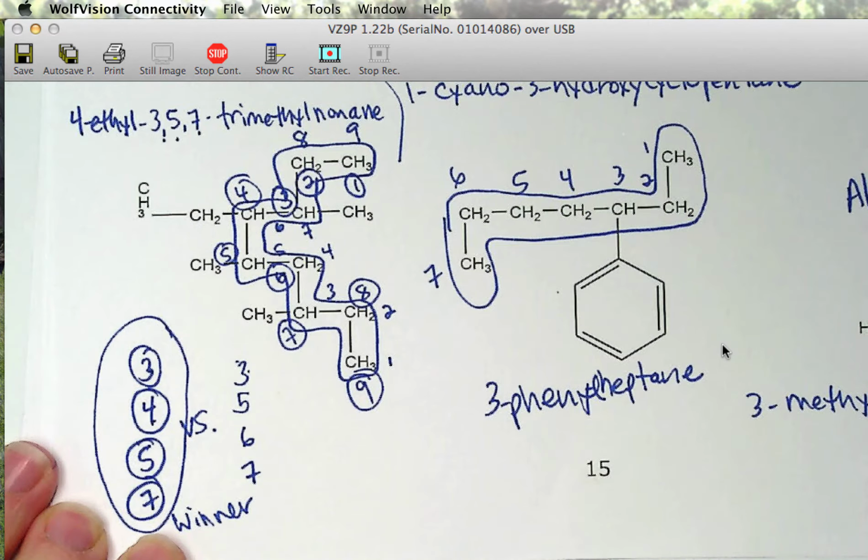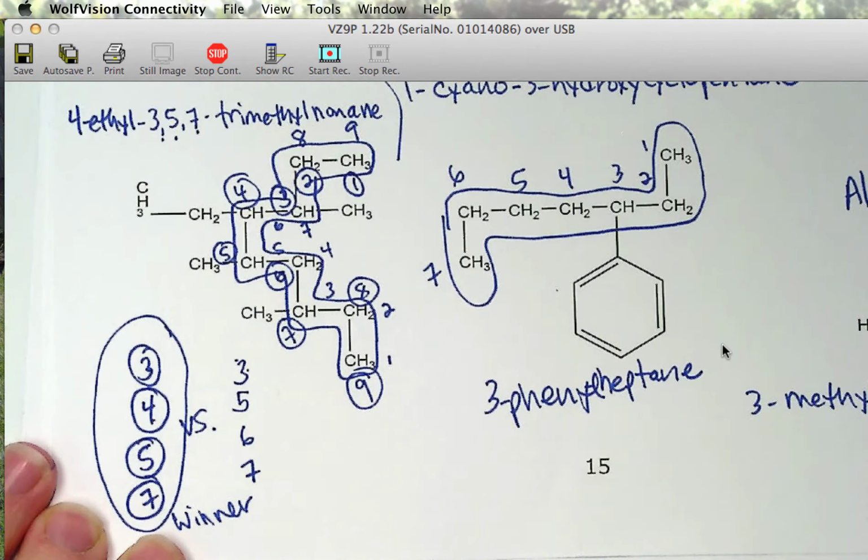When you have two groups, we usually number the smallest one to the one that comes first in the alphabet. But in this situation, it's just the lowest numbers. That more applies when you have two substituents on a cycloalkane, where alphabetizing takes place. If you have an amino on one carbon and on the third carbon you have a nitro, then you would give the number 1 to amino and the 3 to nitro.